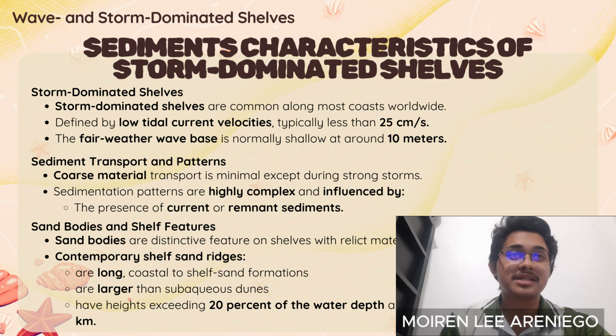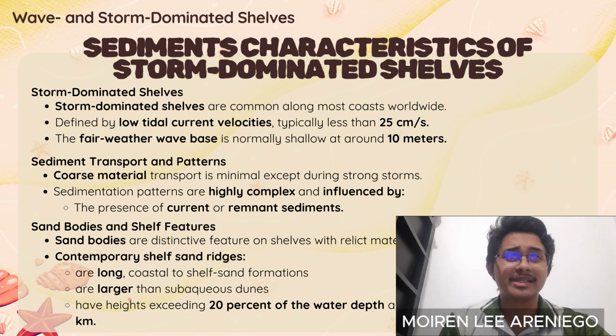Let me give you some examples of modern storm-dominated shelves. First is the Atlantic shelf of the eastern coast of the United States, then the Pacific shelf of Oregon and Washington, and lastly the Bering Sea.